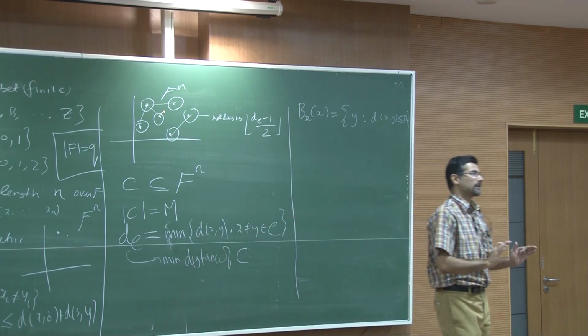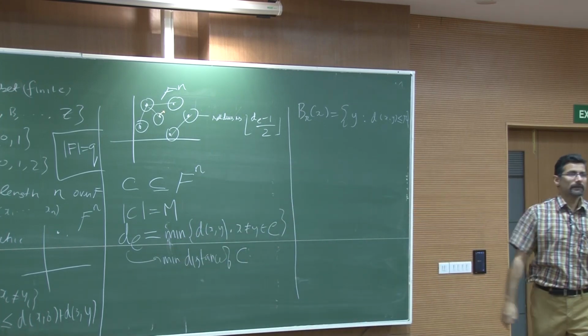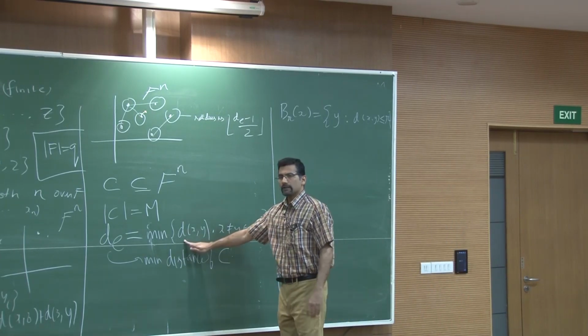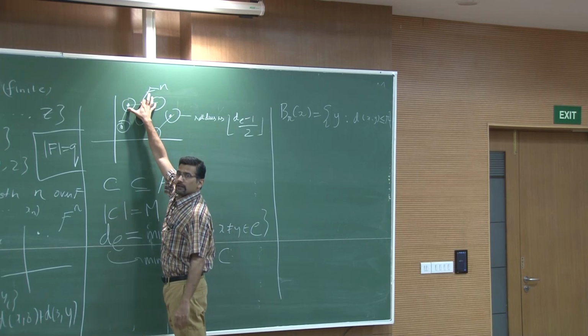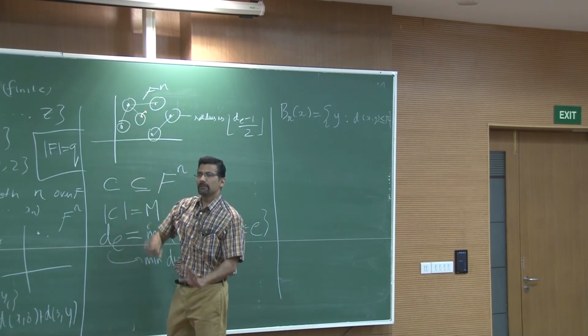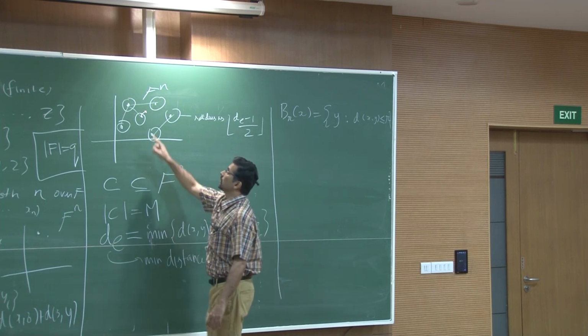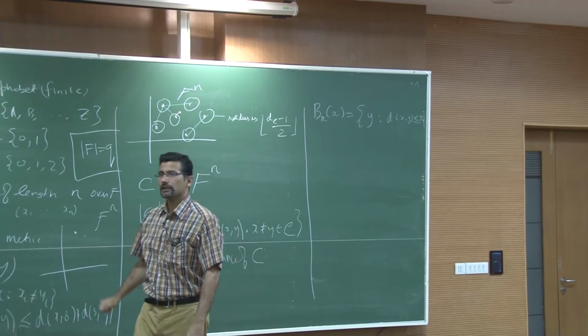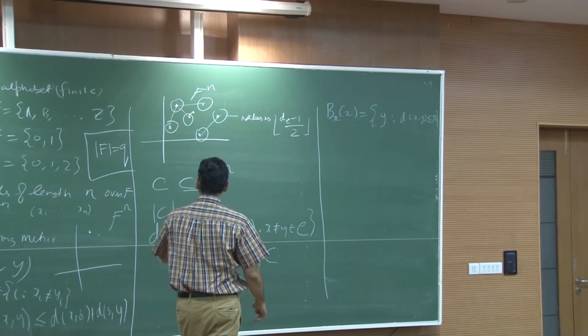This is the main idea. So d_C is the minimum of these lengths, my ball radius is less than half of d minus 1, so there can never be an overlap between these balls, thanks to the triangle inequality and the definition of d_C.